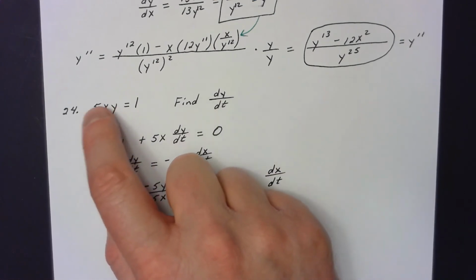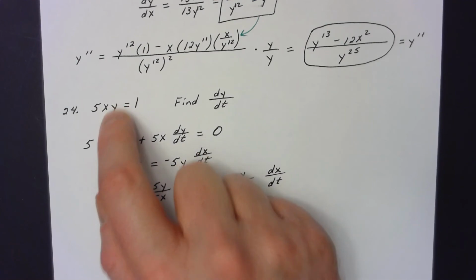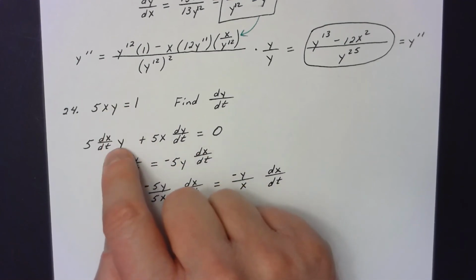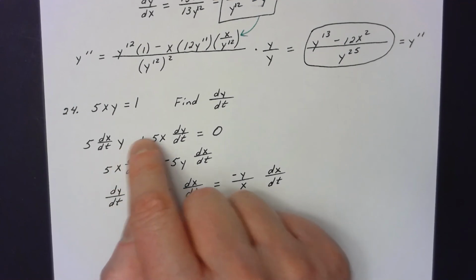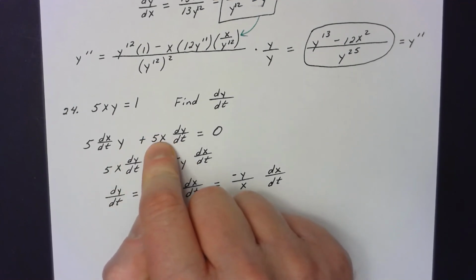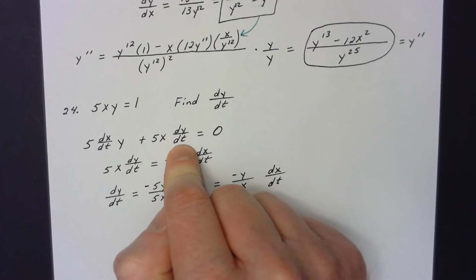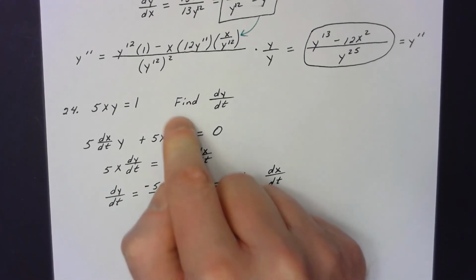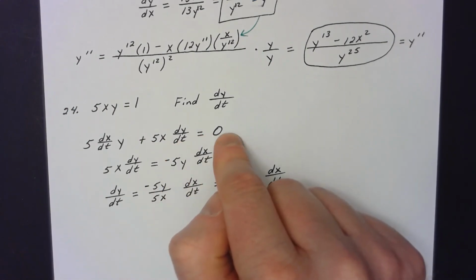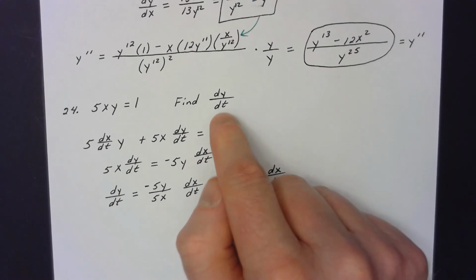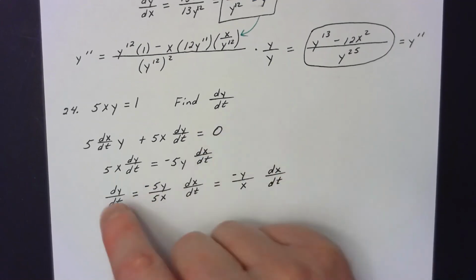So it's 5 times dx/dt, and I don't know what dx/dt is, so I have to leave it there, times the second, plus the first, 5x, times the derivative of the second, the derivative of y with respect to t. I don't know what it is, so I must leave it in there. Equals the derivative of any constant with respect to time. Well, constants don't change, so their derivative is 0.